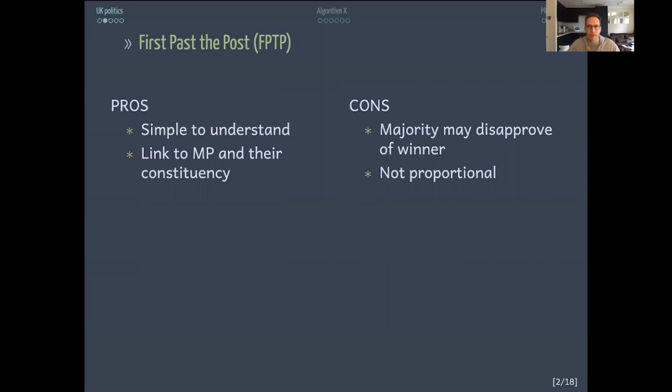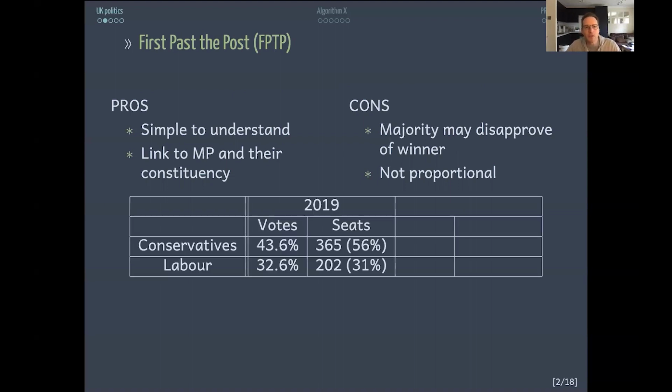I'm going to explain why this happened. I'll explain this in a table here from the last election. So Conservatives and Labour are the two major parties in the UK. And in the general election in December last year, we can see the percentage of votes that both parties got and the percentage of seats that they won.